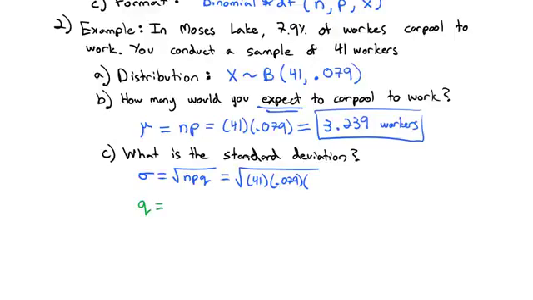Well, q is the probability of a failure, or the probability of someone not carpooling to work. If 7.9% carpool to work, we can do 1 minus 0.079 to get q equal to 0.921. And when we multiply and take the square root, we'll get a standard deviation of 1.727.